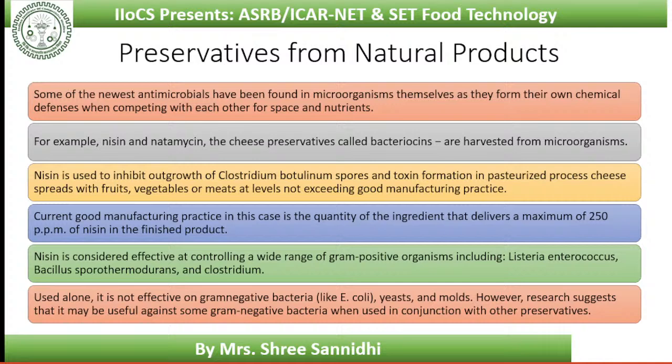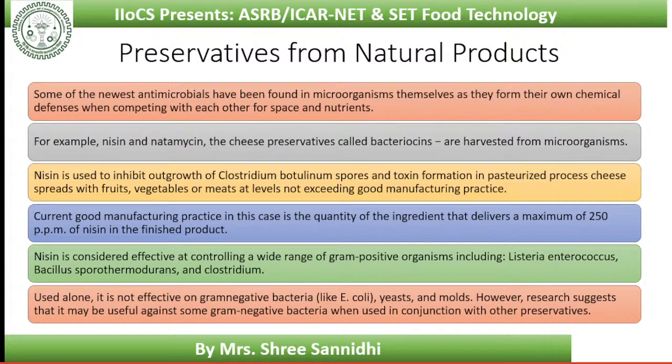When used alone, it is not effective on gram-negative bacteria like E. coli, yeast and molds. However, researchers suggest that it may be used against some gram-negative bacteria when used in conjunction with other preservatives.